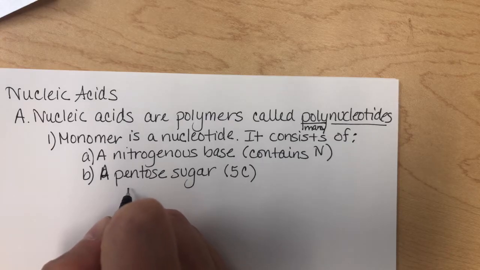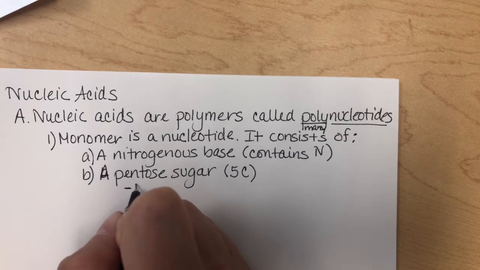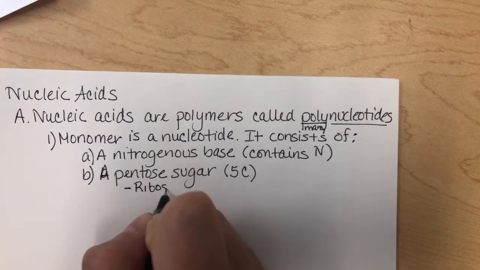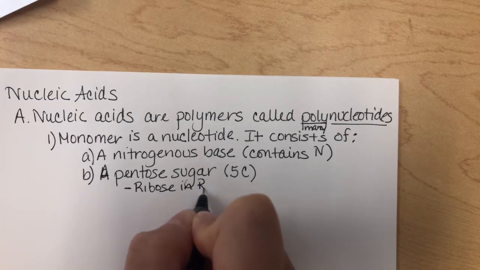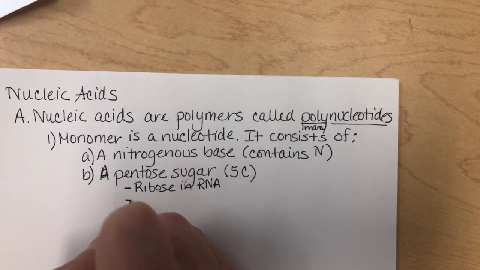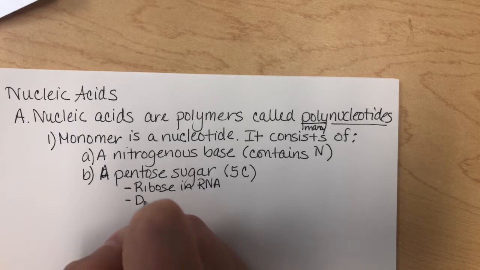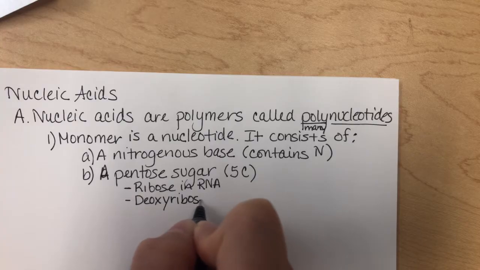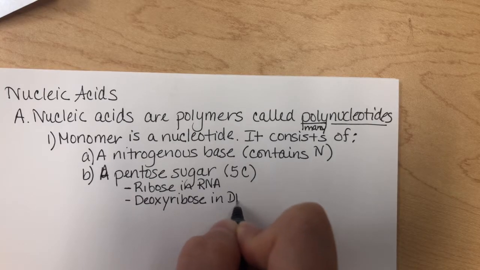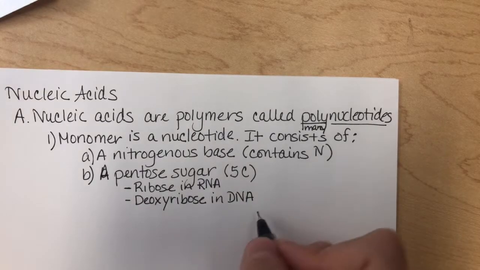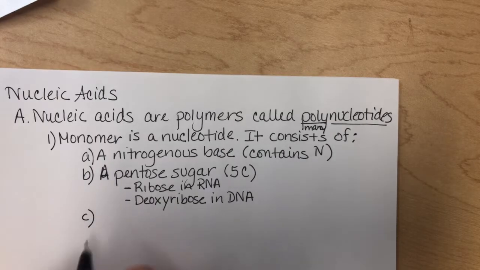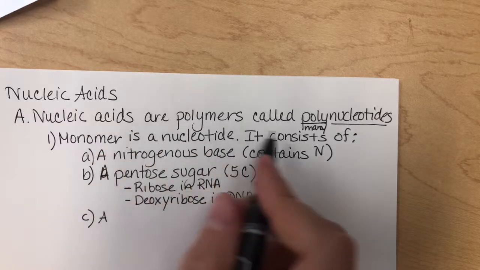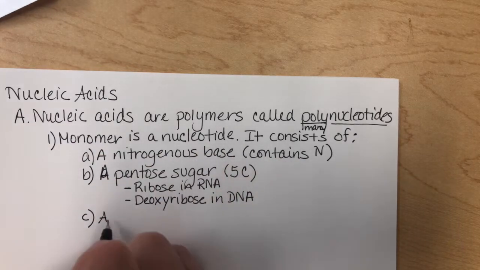It could be ribose in RNA, and we'll talk more about this later, and deoxyribose in DNA. And then the last thing that's part of a nucleotide is a phosphate group.